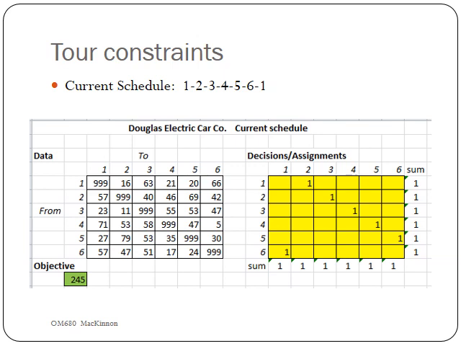So this is how we set it up. We start with a random schedule: 1, 2, 3, 4, 5, 6, back around to 1. Okay. Notice that on the left-hand side, we simply have our data, and what we've done in the blank cells is added a very large number. Okay. In other words, we're discouraging the solver from using that cell. All right. Because 1 to 1 or 2 to 2 doesn't have any meaning to us.